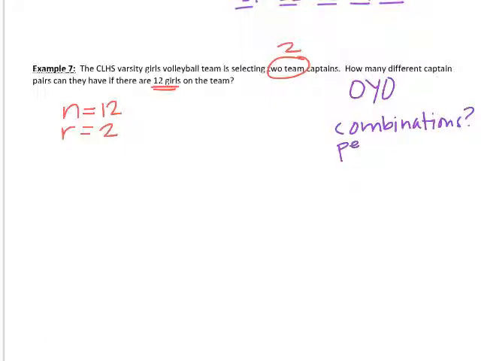Or is it going to be permutations? That's really the deciding factor here, because the 2 formulas are different from each other and you're going to get a very different number depending on which one you choose. Please pick the correct one. And I will answer questions when we have our assignment on this particular lesson.